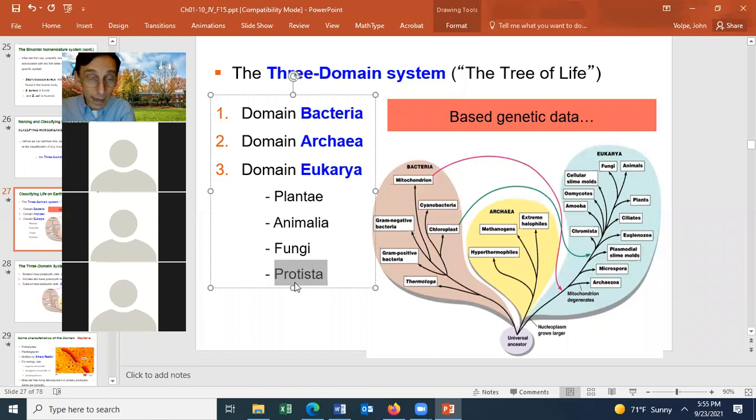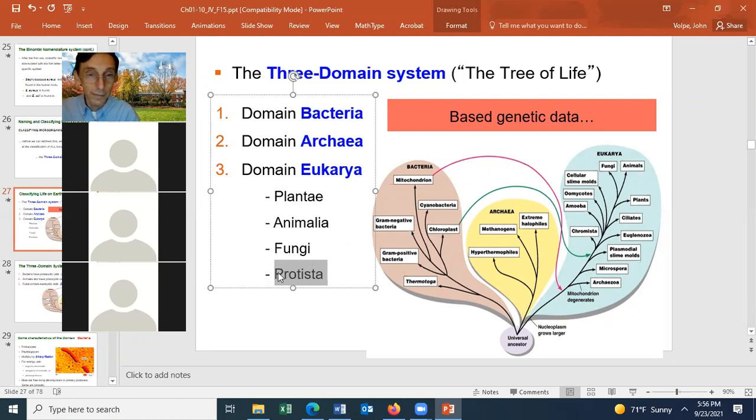So you can break it down into 9, 10, or 20 different kingdoms, largely just by dividing the Protista. You can also start dividing the plants, and then the archaea and the bacteria into different kingdoms, and then you can argue there's 20, 30, or 50 different kingdoms. And scientists haven't agreed on how many kingdoms there are, and they've been arguing about that for, I think it's been over 20 years now.